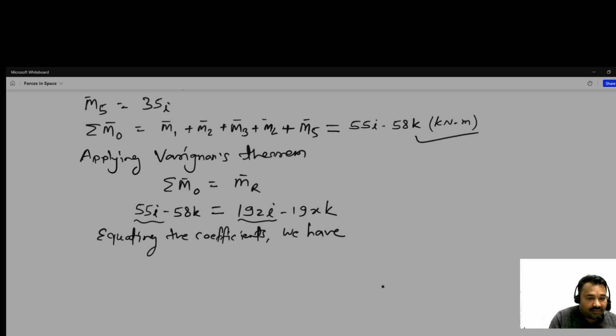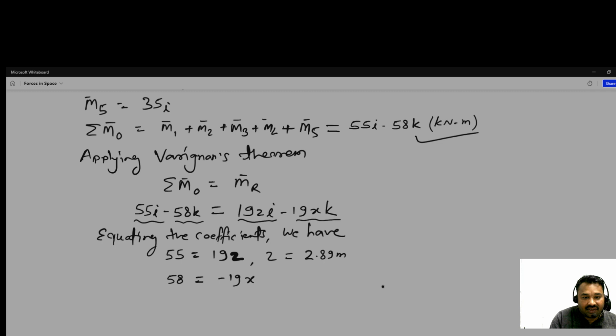So 55 is equal to 19z. Okay, so here z is equal to what we get, 2.89 meter, and comparing this k coefficient, so it is 58 is equal to minus 19x.